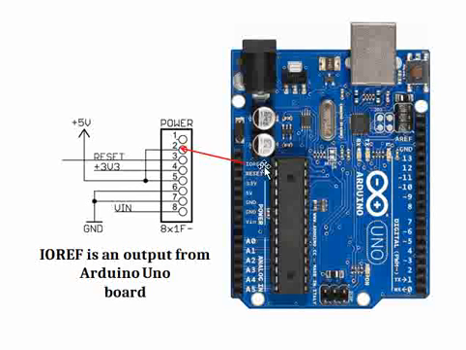So the IO reference pin is an output from the Arduino board, and it's not an input. The IO reference name is a little confusing for people who are referring to the schematic. So understand that this is a 5 volt output, and it acts as a reference to the shield that is connected on top of this Arduino board. A very, very important point to remember.